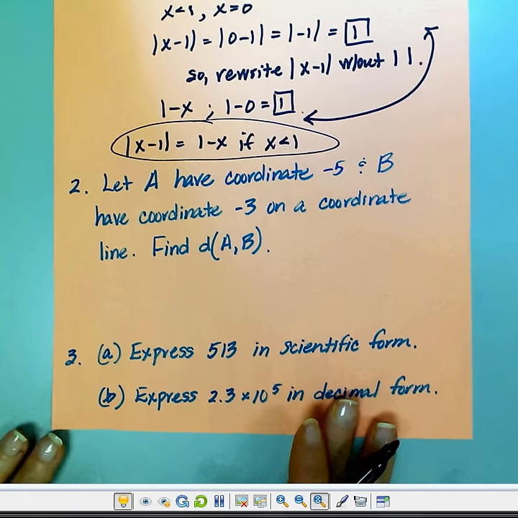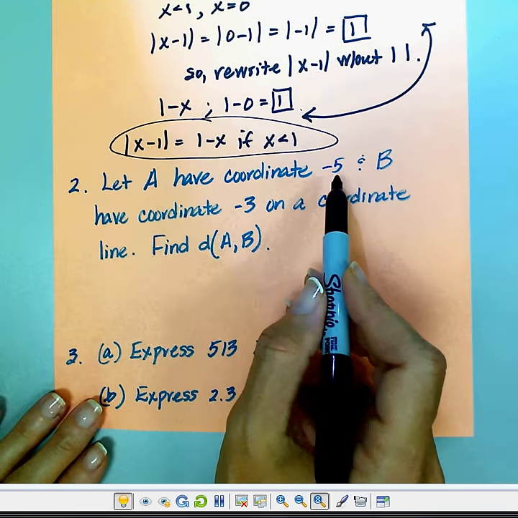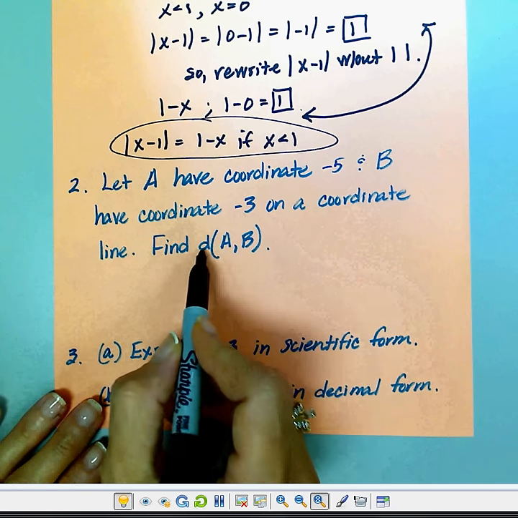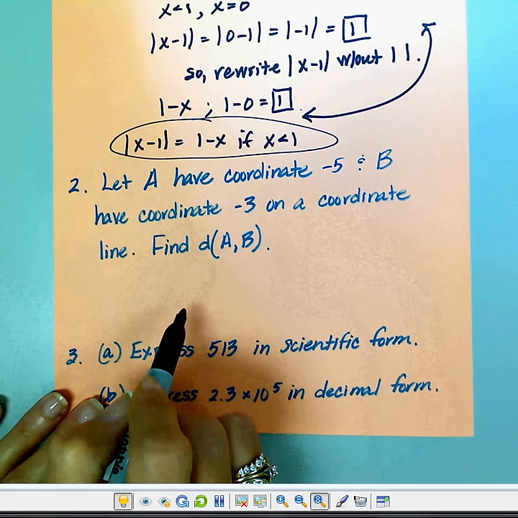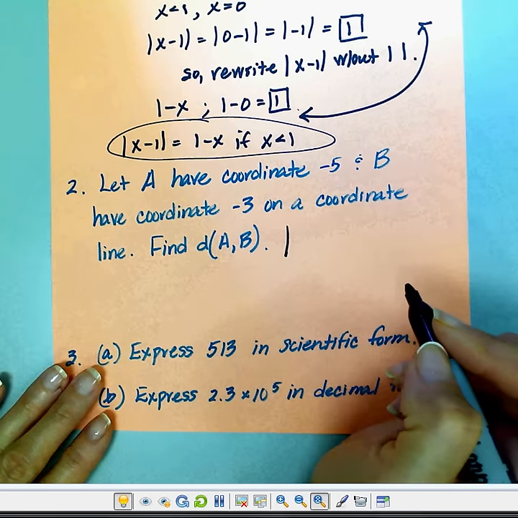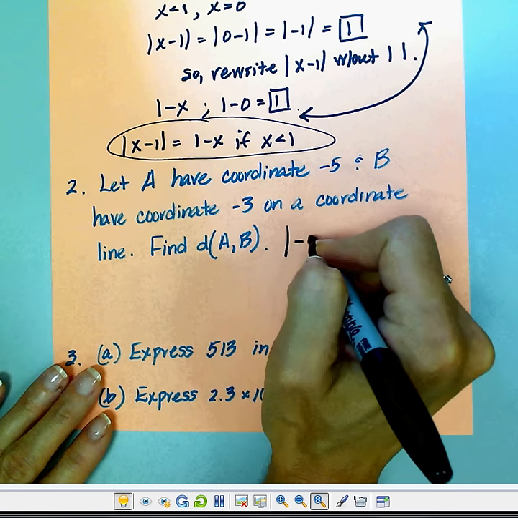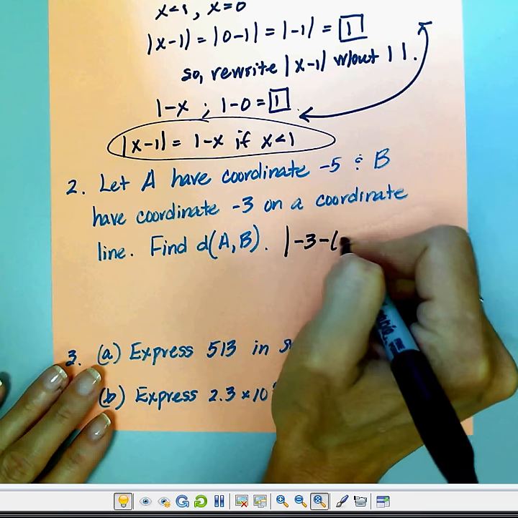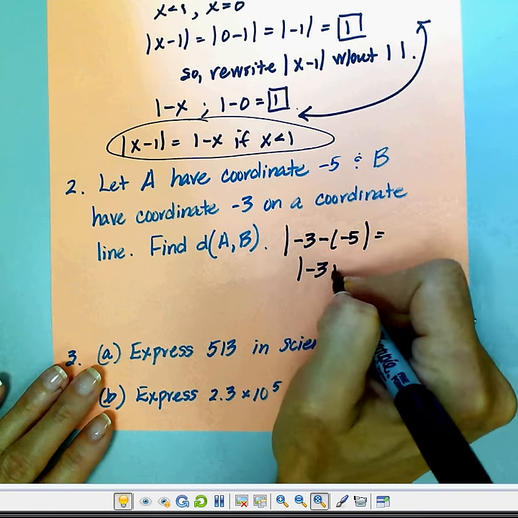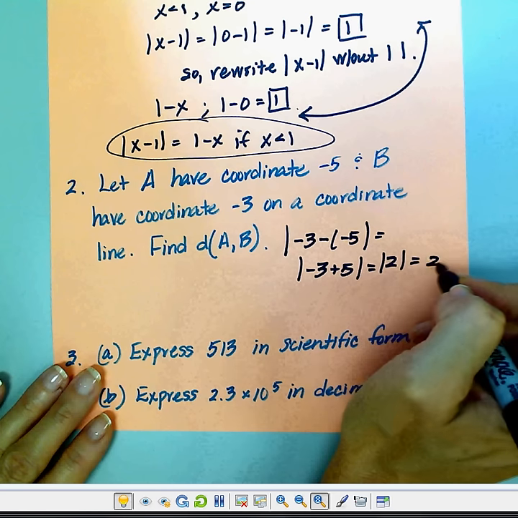The next example wants us to just think of a horizontal number line using the coordinates -5 and -3 on the coordinate line, and it wants us to find the distance between those 2 points. Okay, so really to find the distance, again, distance is a positive number, so we're going to use the absolute values, and we're just going to go ahead and say -3 minus -5. So that gives me -3 plus 5, which is the absolute value of 2.